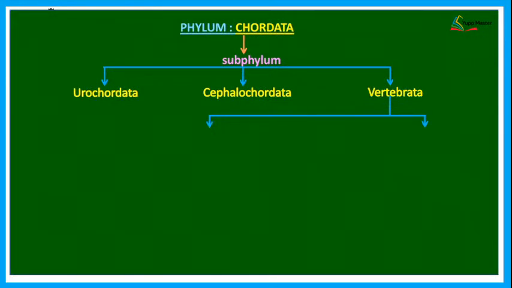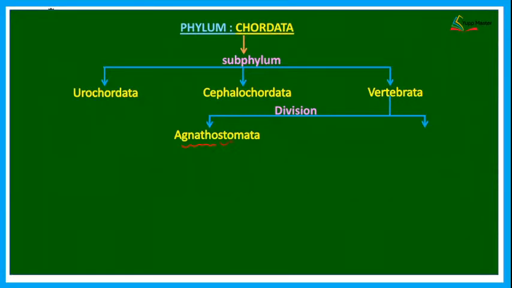We're going to study all of this one by one. When we talk about Vertebrata, there may be two divisions. The first division is called agnathostomata. Why is it called agnathostomata? Gnatha, we will see in the preceding lectures, means jaw.